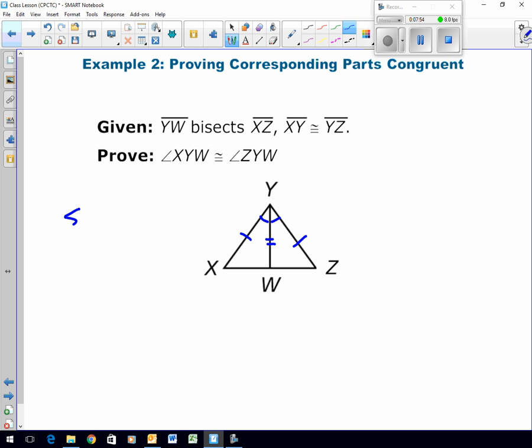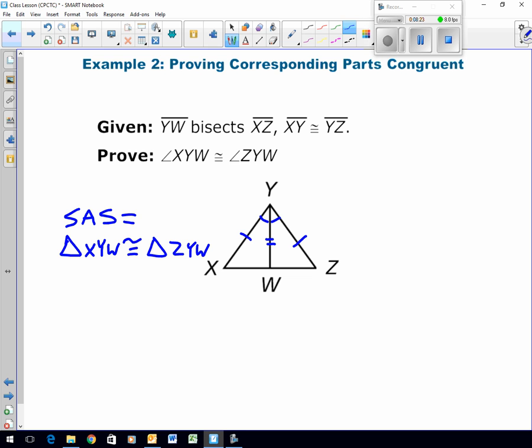Side-angle-side tells me that triangle XYW is congruent to triangle ZYW. It says prove that XYW is congruent to ZYW. I'll be honest with you, your definition of angle bisector proves that's true.